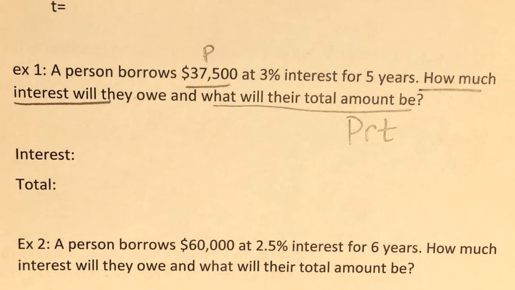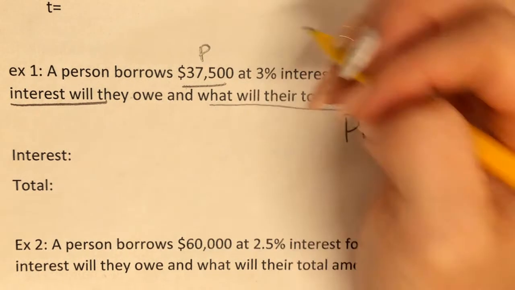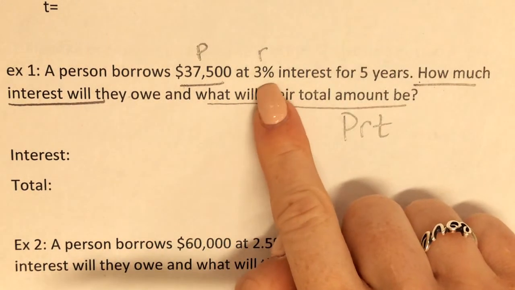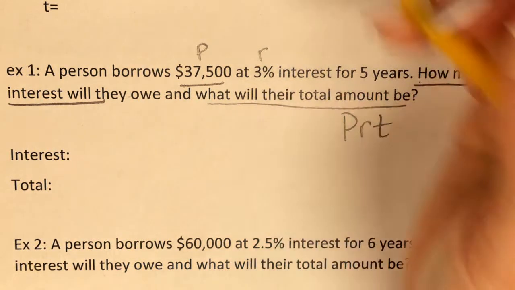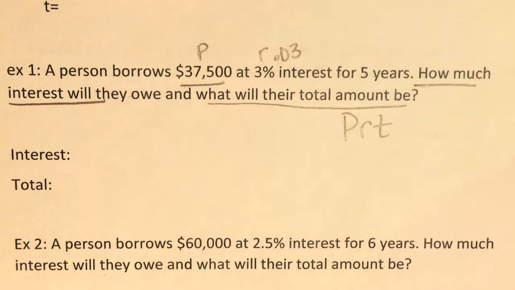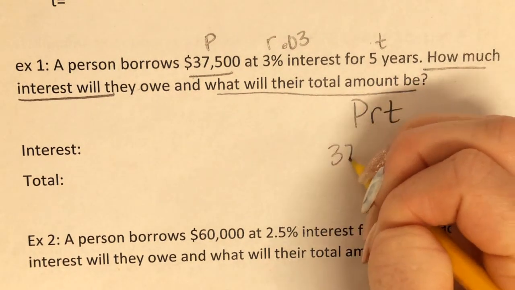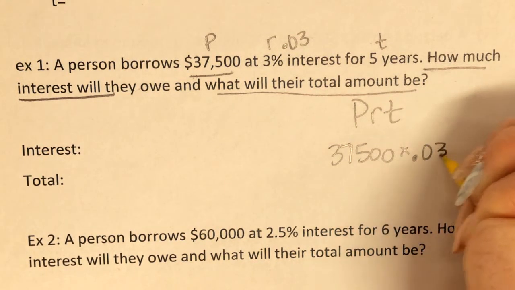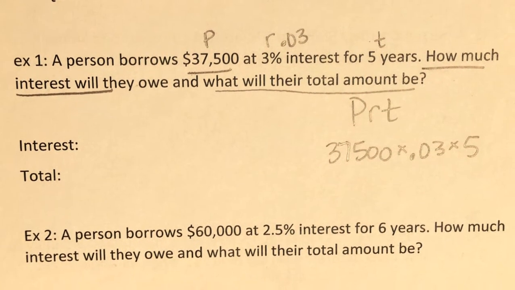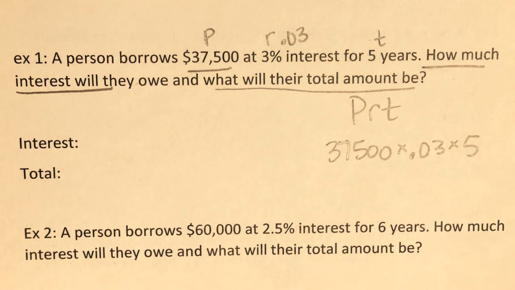Which one's my R? 3%. What do I have to do to that percent? Change it to a decimal by dividing by 100, so 0.03. And this is my T. So I'm doing 37,500 times 0.03 times 5. Put that in your calculator.